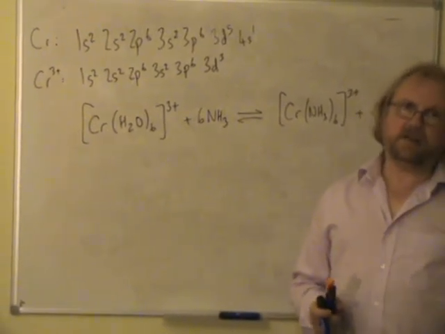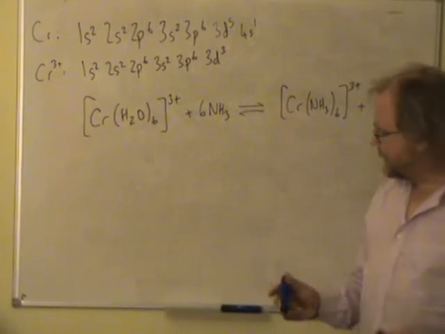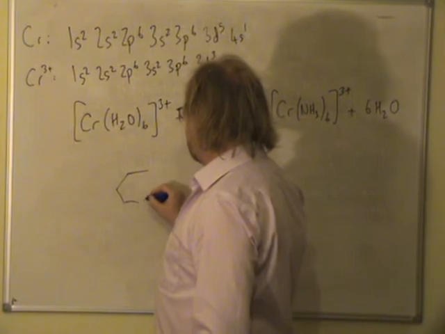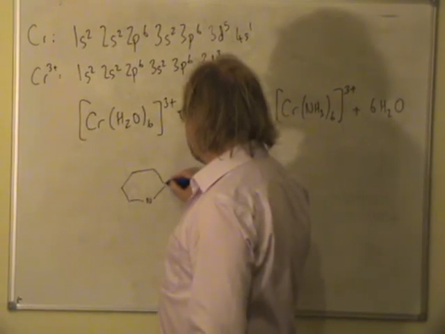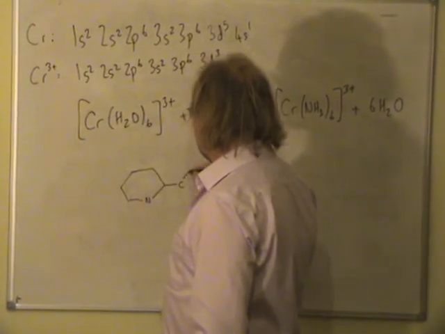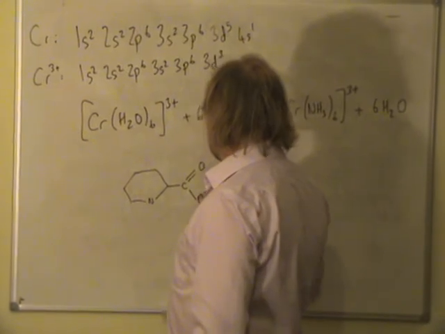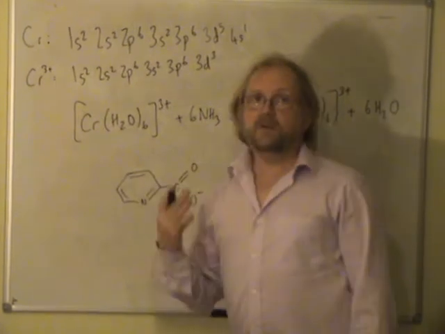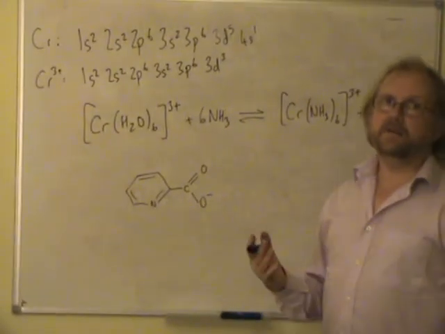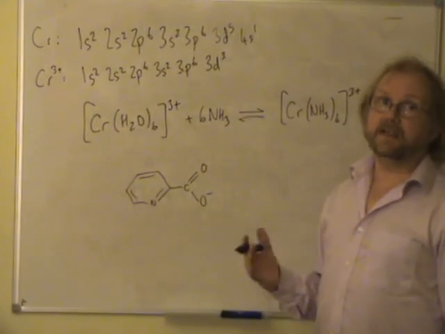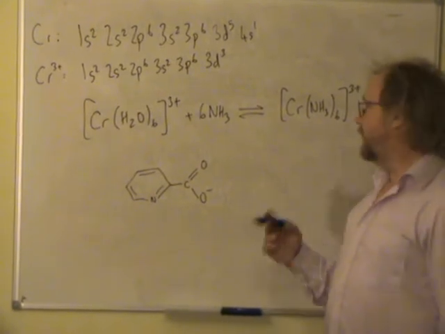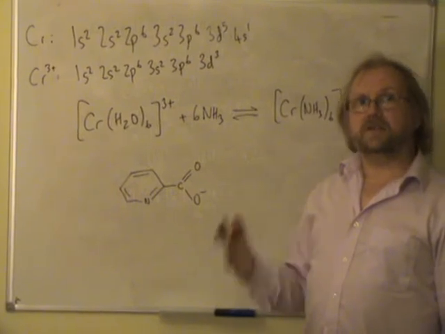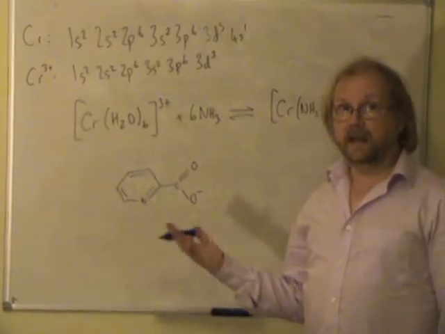But to get the second mark, you need to be able to explain how it's able to do that. And this is an important kind of question because they're quite keen on asking you questions like this. So what you have to do is to remember that in order to form a dative covalent bond, you need atoms with lone pairs of electrons on them. And that's generally going to mean nitrogens or oxygens or halide ions.